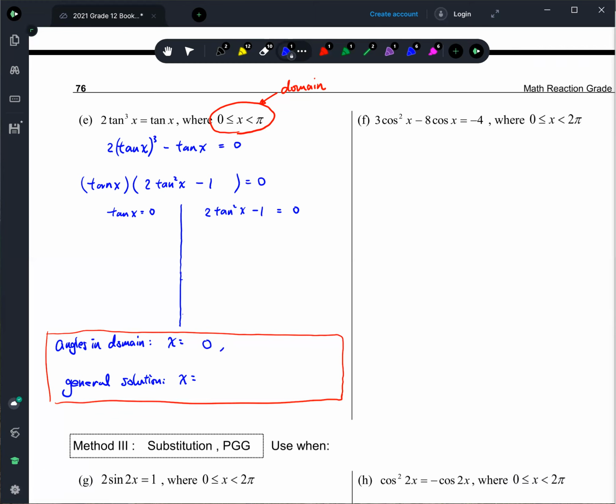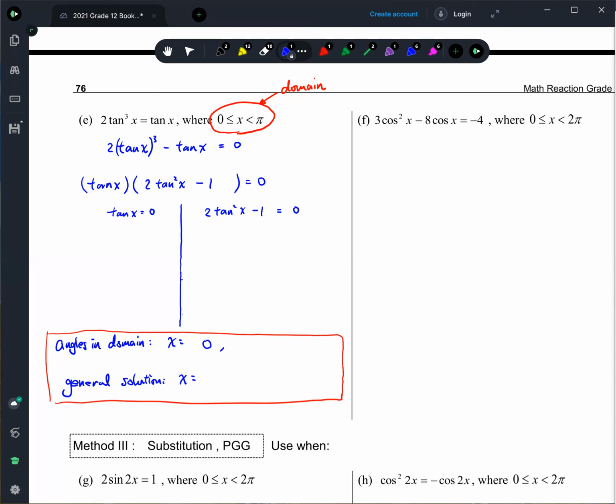For the other side, I'm not sure if it's right, but I got... it disappeared.